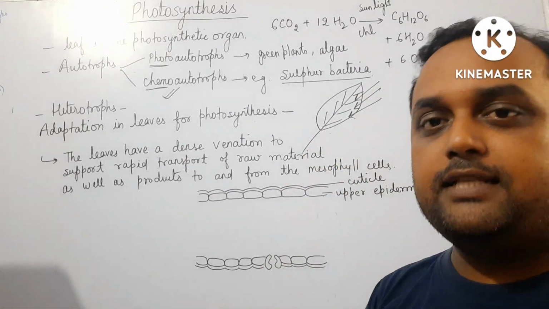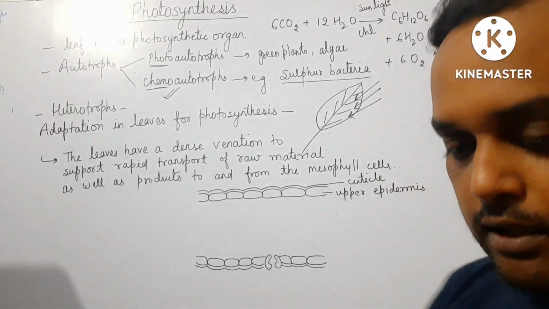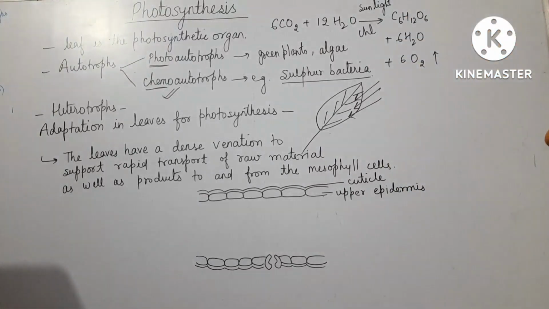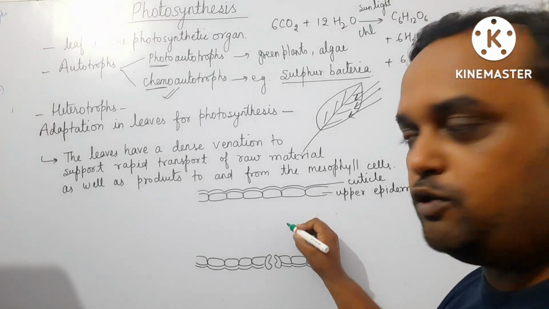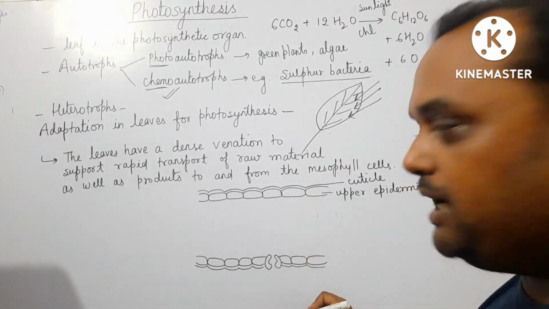So mesophyll cells are found in the internal structure of the plants. Here I am going to draw the TS of the plant.